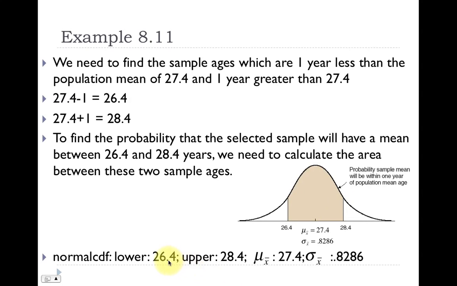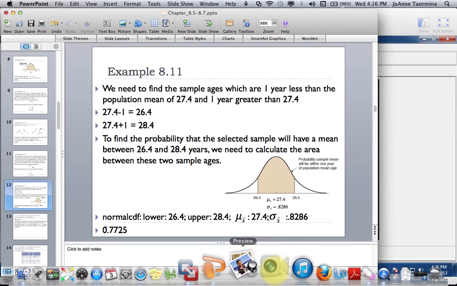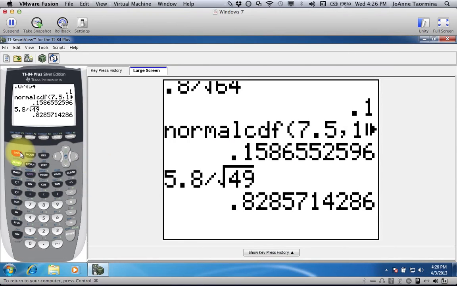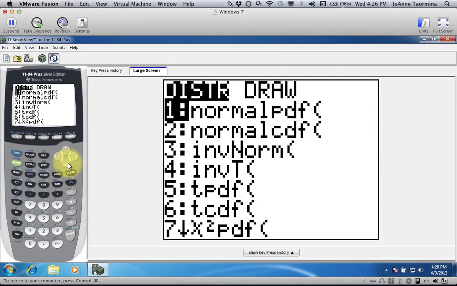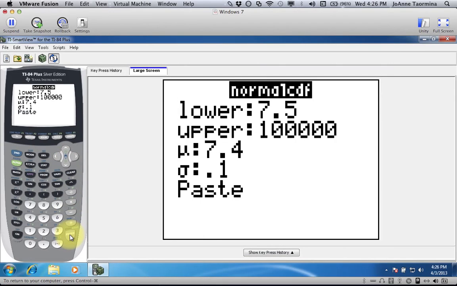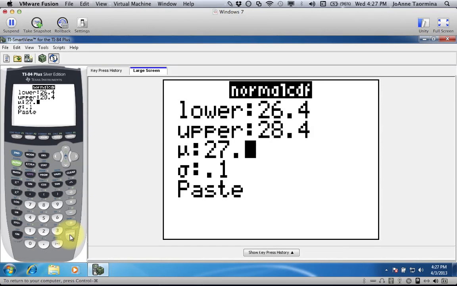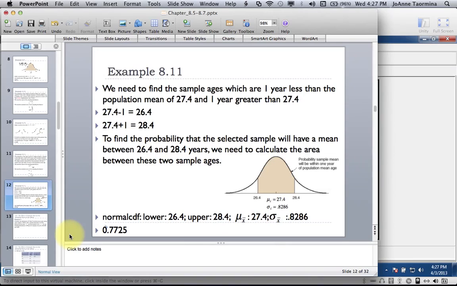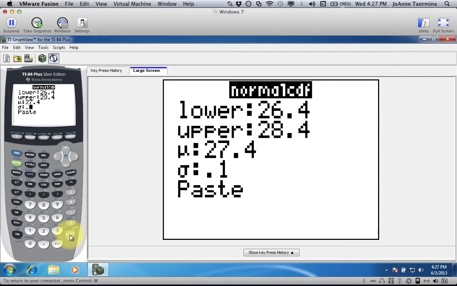So our lower is 26.4, our upper is 28.4, our mean of the sampling distribution is 27.4, our standard error is 0.8286, and let's just demonstrate it. Second, DISTR, normal CDF, the lower 26.4, the upper 28.4, the mean 27.4, and the standard error is 0.8286.